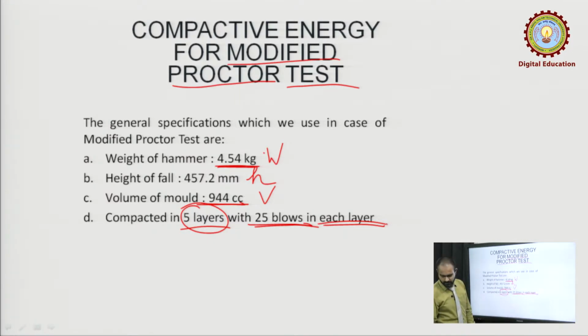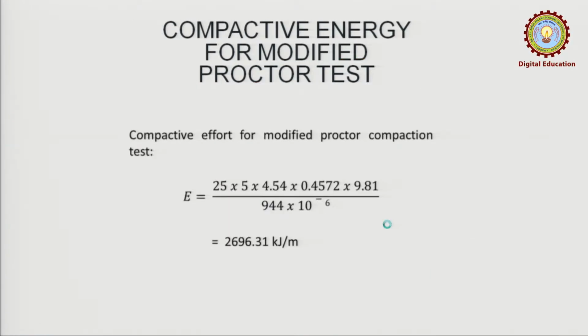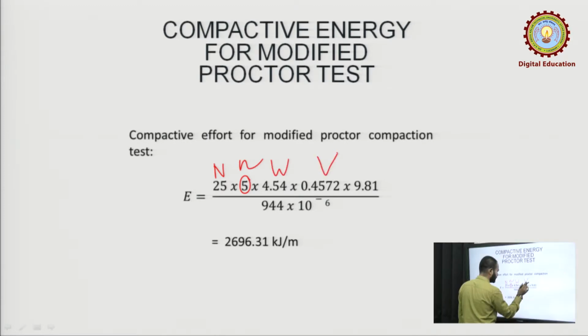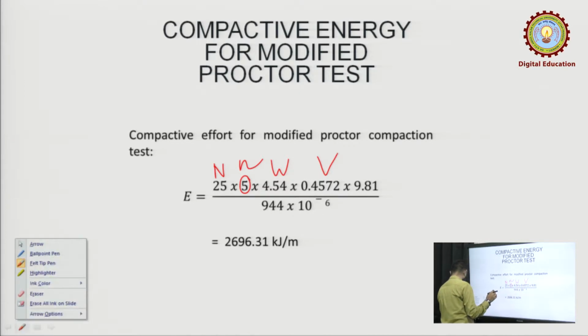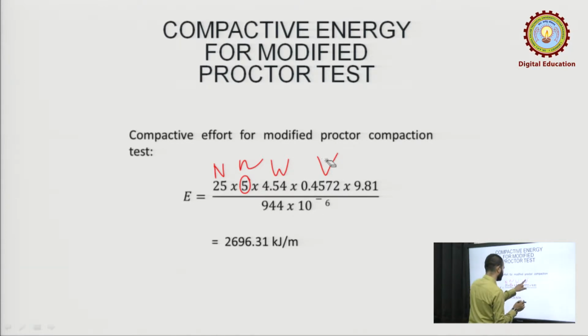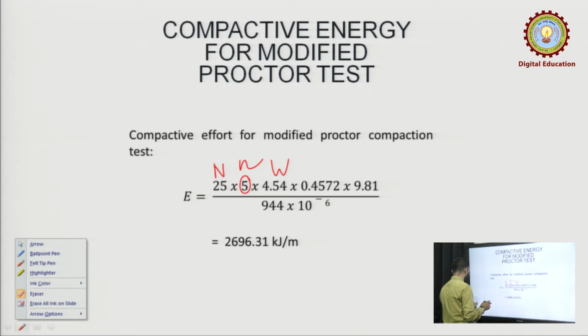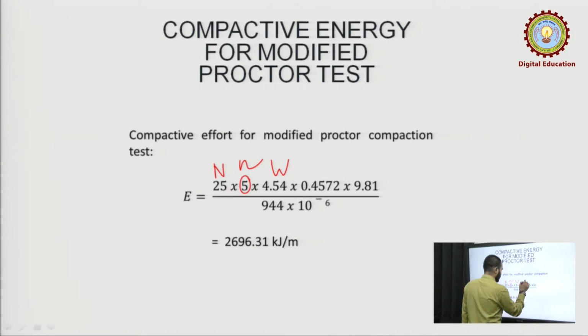So again you will be finding out the compactive effort. So 25 is the number of blows, this is the number of layers, this is the weight of the hammer, and this is the volume. Again 10 to the power minus 6 for conversion.